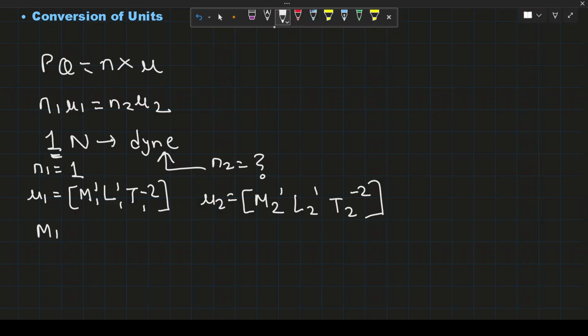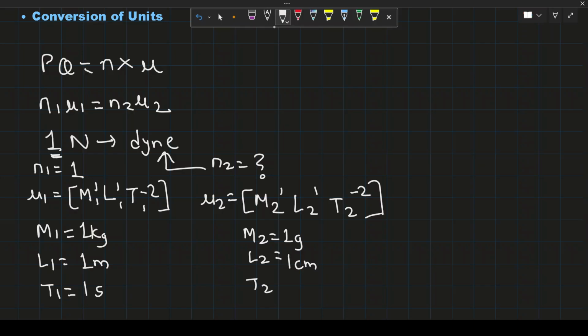So M1, this being an SI unit, will have 1 kg, L1 is 1 meter, and T1 is 1 second. This being your CGS, M2 is 1 gram, L2 1 centimeter, and T2 1 second.